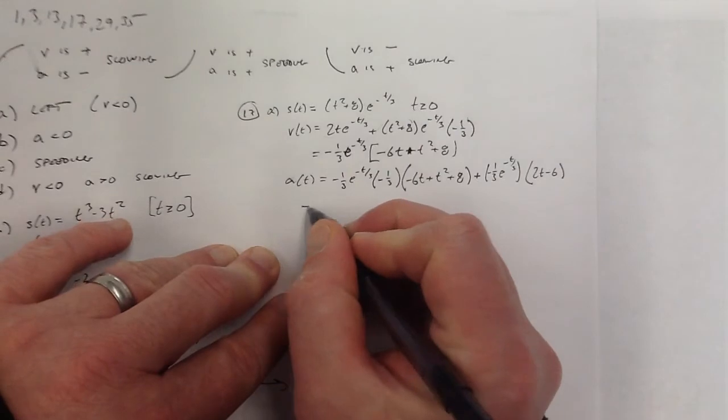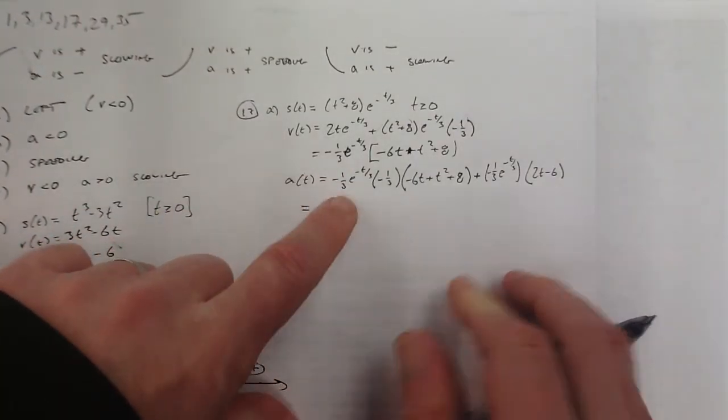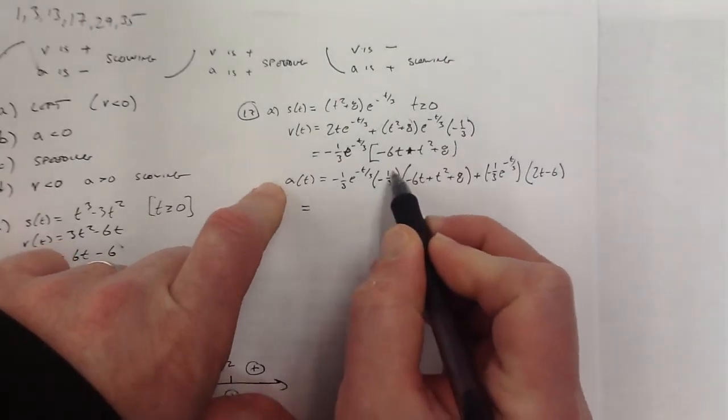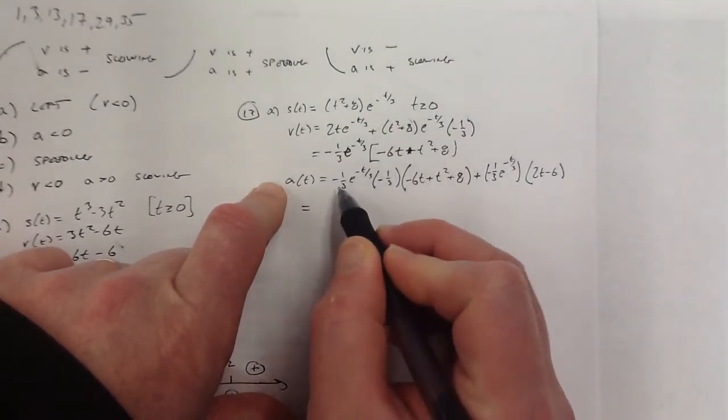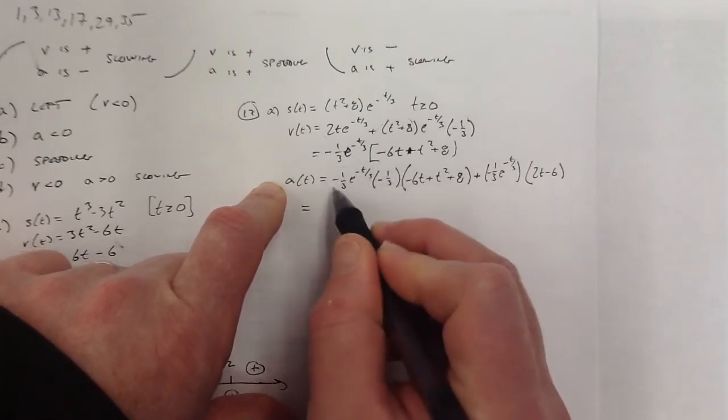Okay, so let's see if we can do a similar thing here. This is 1/9 when I multiply those two together.